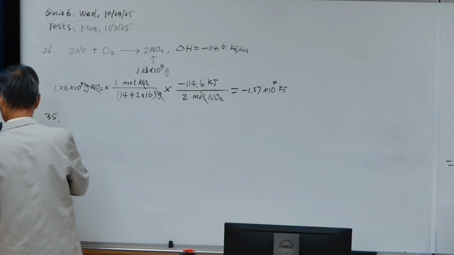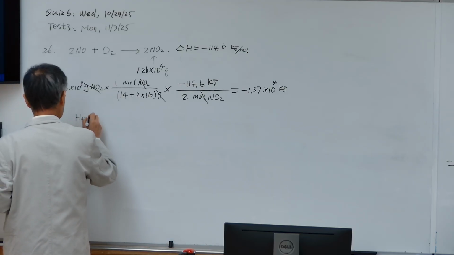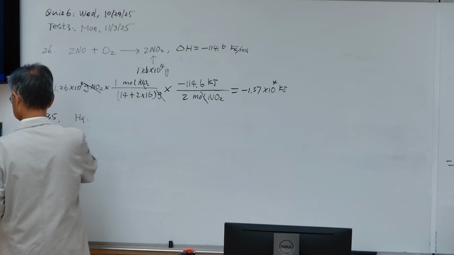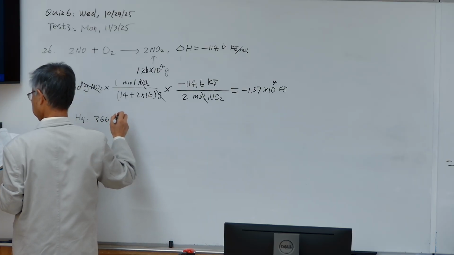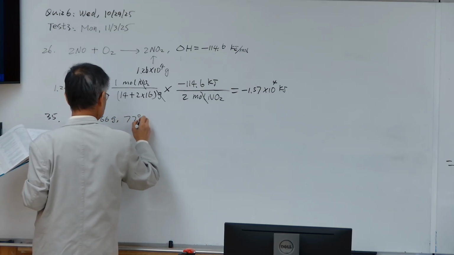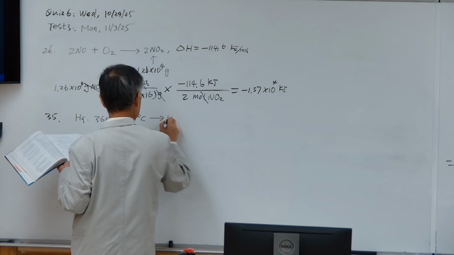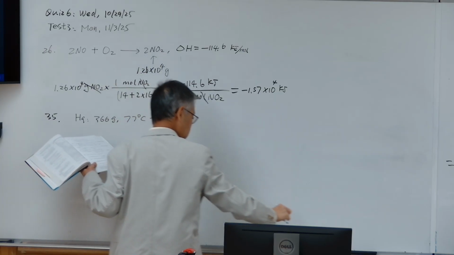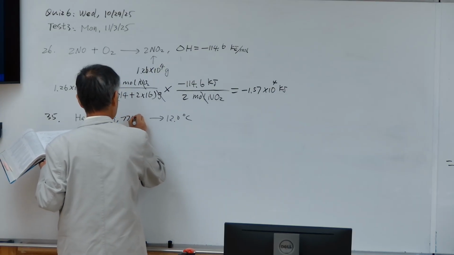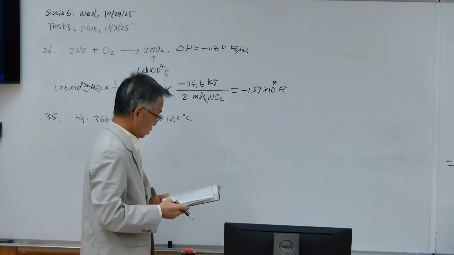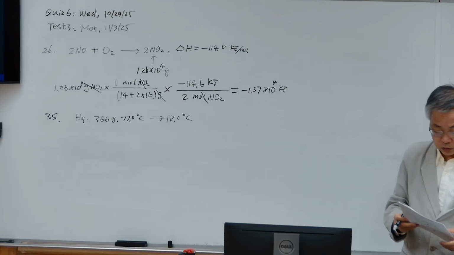Question 35. Mercury, 366 grams, at 77 degrees cooled to 12 degrees. 77.0 is the starting temperature. It asks you how much heat will be released.